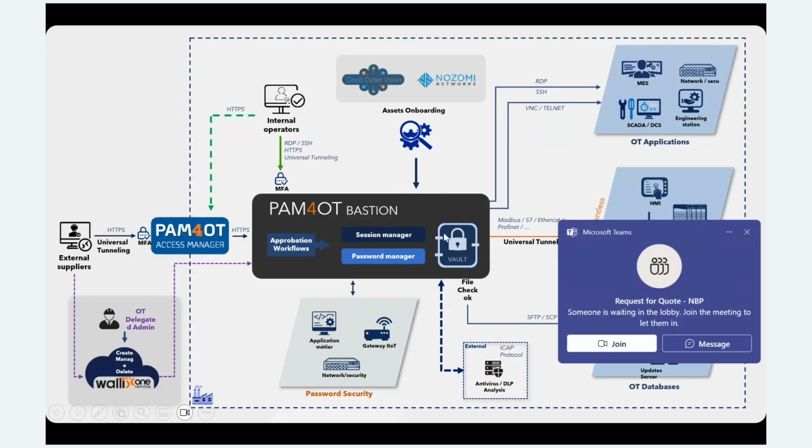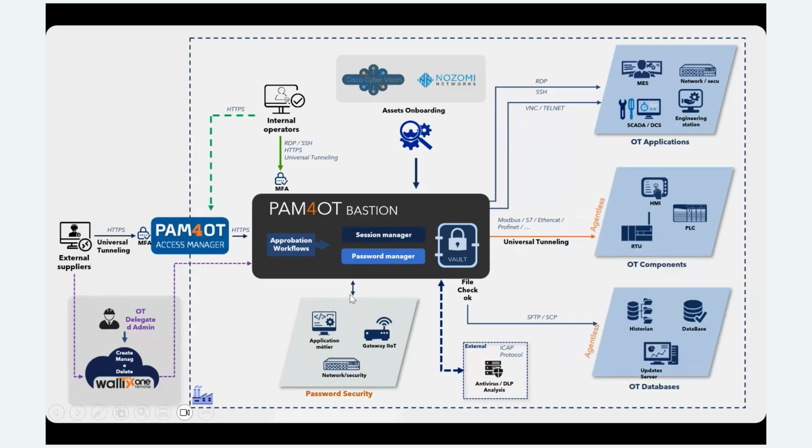In both cases, you will have connectivity to the lower layers, and we ensure that if you want to connect via RDP or SSH, or let's say to OT devices with a native OT protocol, we have a unique protocol called universal tunneling.